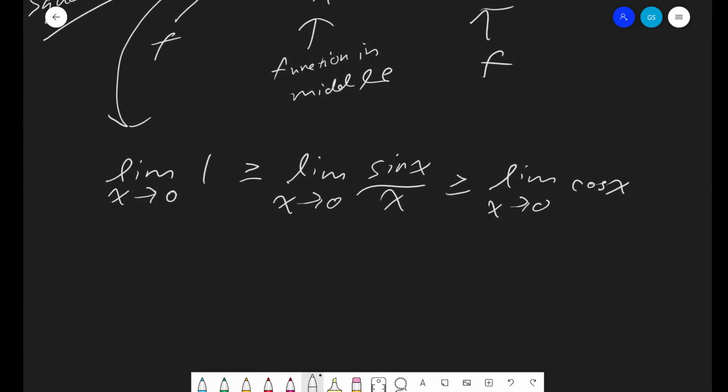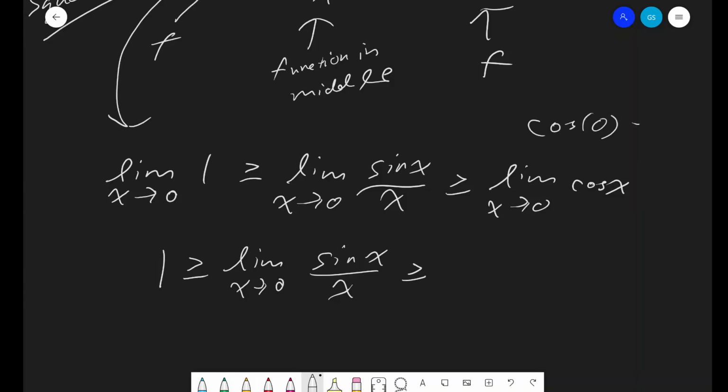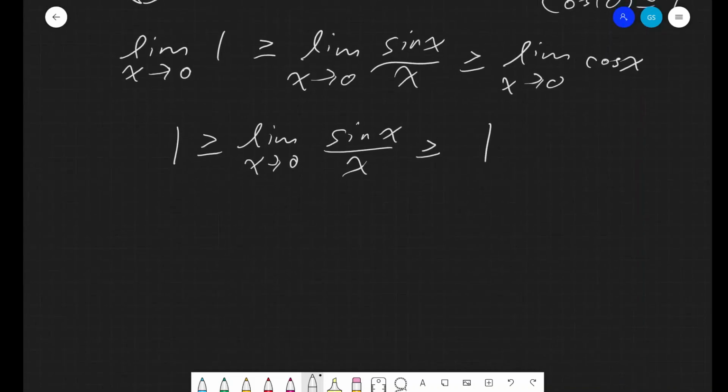Now, the limit as x approaches 0 of 1, well, there's no x value, so this just remains 1. The limit as x approaches 0 of cos x, if you just substitute in, cos 0 gives us 1. So this becomes 1. Now we have an interesting situation.